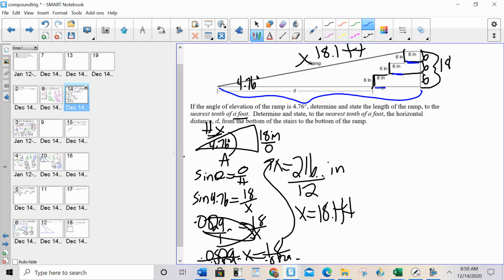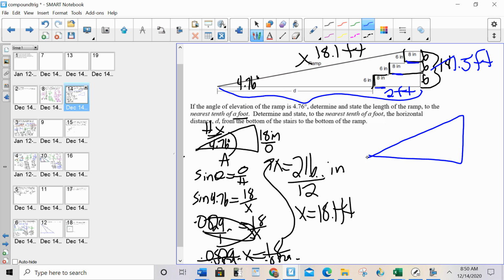I'm going to make it as 2 feet. And this 18, I'm going to rewrite as 1.5 feet, because if I divide 18 by 12, I get 1.5.